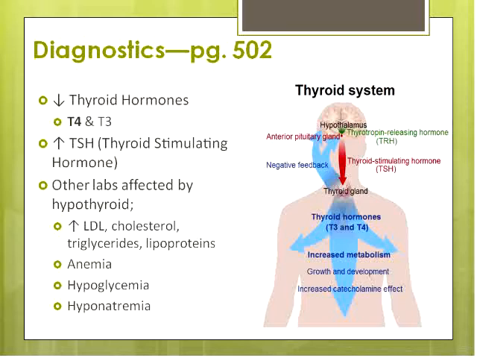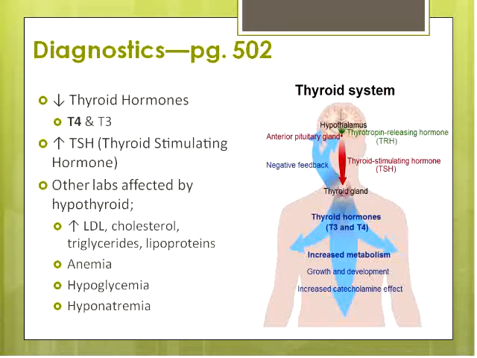But so when they do this test and our thyroid is not working, obviously our T3, T4 are going to be low. So what do you think is going to happen with our TSH? It's going to be high because it's trying to stimulate it. So it's sending more, you're not responding.